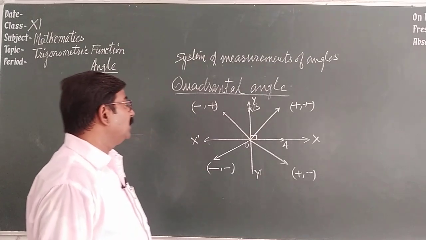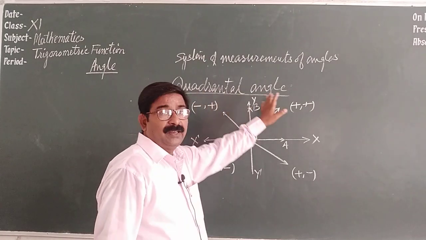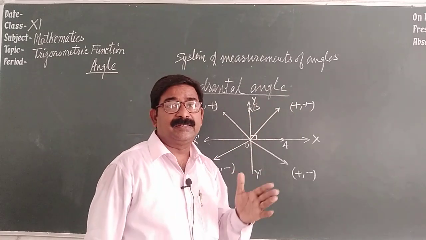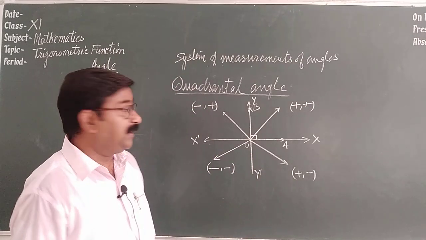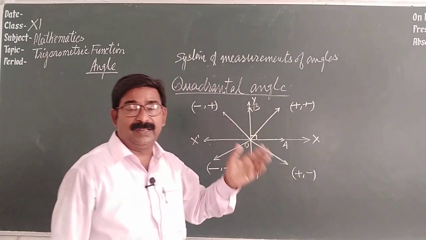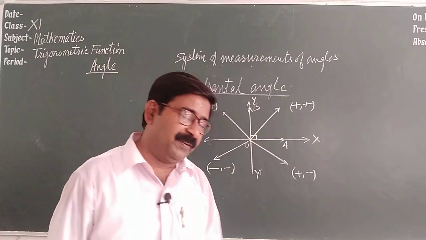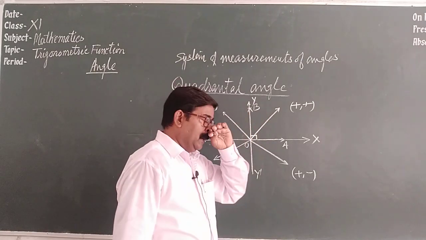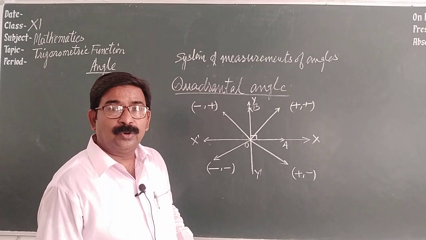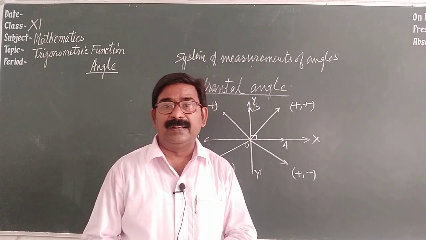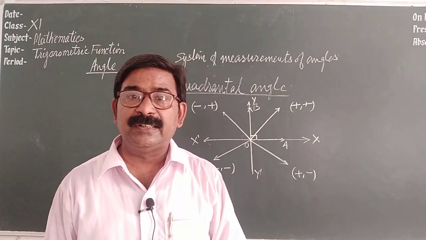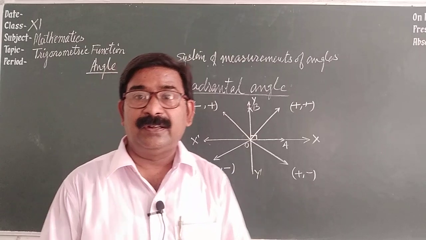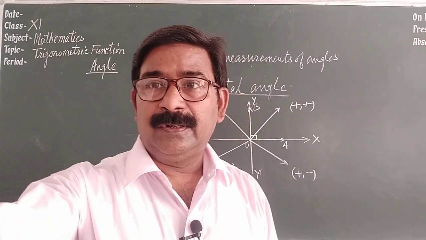Now after that I gave the idea of quadrantal angle, means the angle formed when the terminated ray stops at the axis. It may be 90 degree, 180 degree, 360 degree or 270 degree, or it may be somewhere in between the quadrants. So we shall discuss in the next lecture how to measure the angle in different quadrants. Got it? Thank you very much.